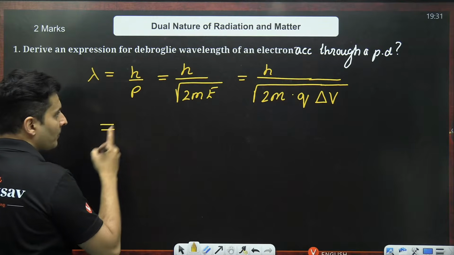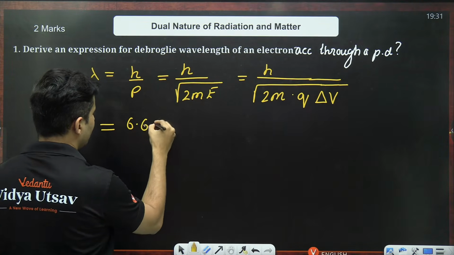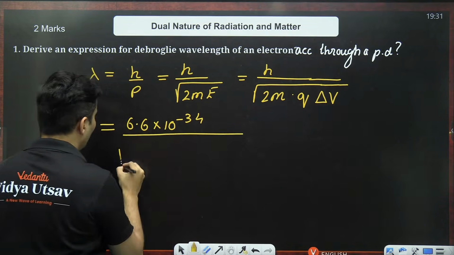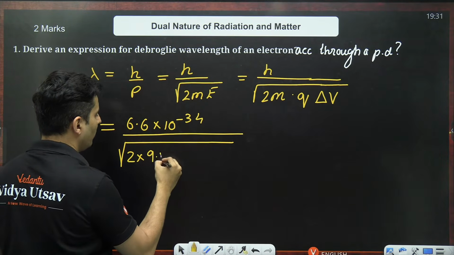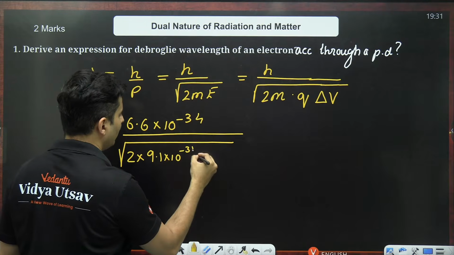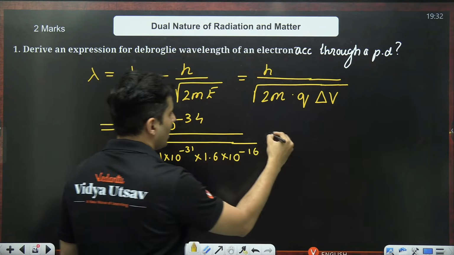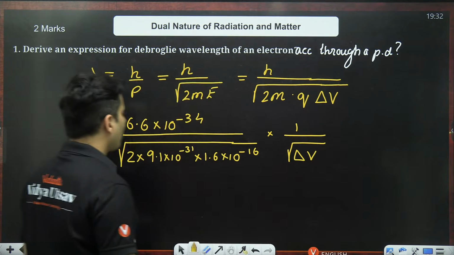Now you will put h over here as 6.6 into 10 to the power minus 34. Then over here, 2 times mass. Mass is 9.1 into 10 to the power minus 31. Charge is 1.6 into 10 to the power minus 19. And lastly, over here, 1 by root delta V.